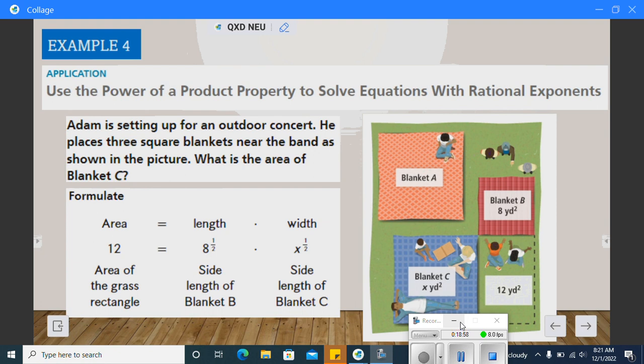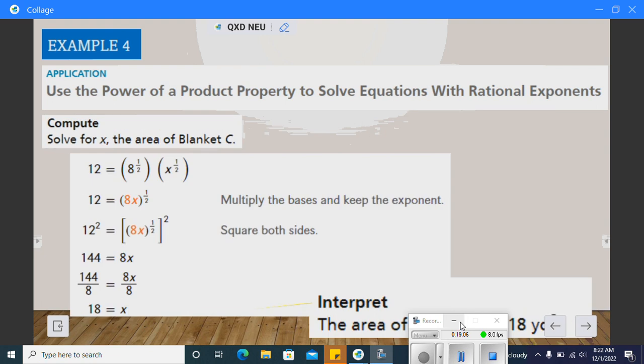The area of the grass is 12, and the side length of blanket B is 8. The side length of blanket C, we don't know. So we're going to find the value of x. So you have there 12 is equal to 8 to the power of 1/2 times x to the power of 1/2. So you have to solve for the value of x.